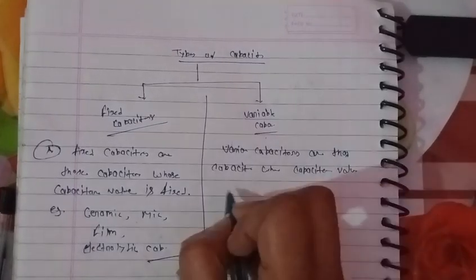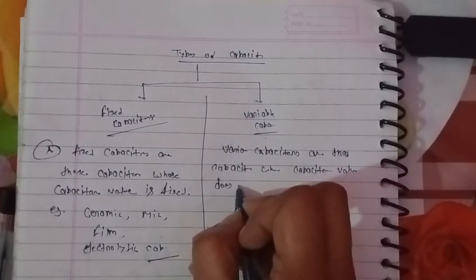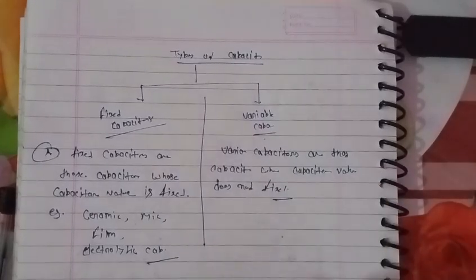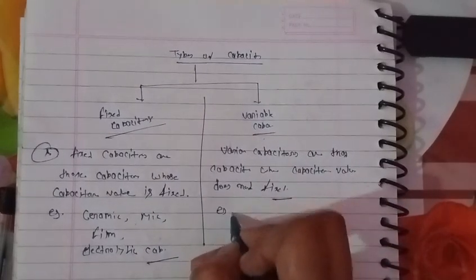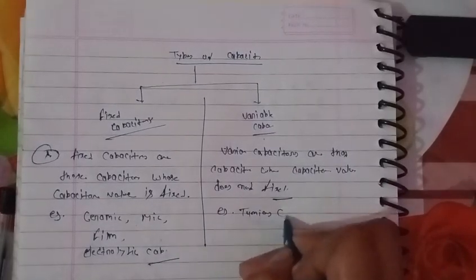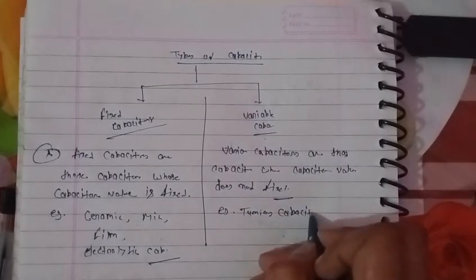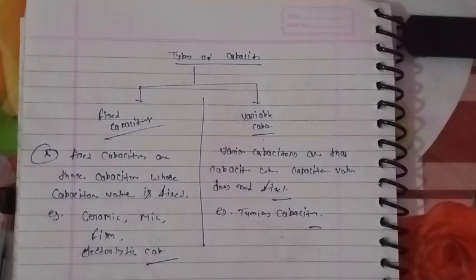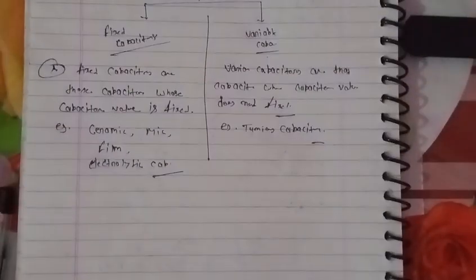Example: tuning capacitor. In case of variable capacitor, capacitance value can be adjusted mechanically or electronically.